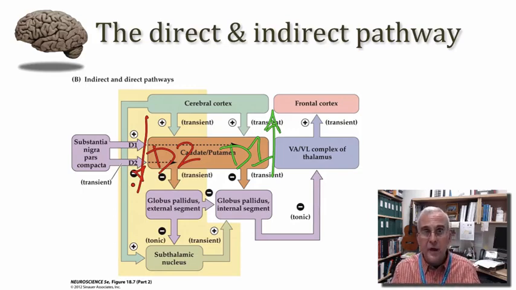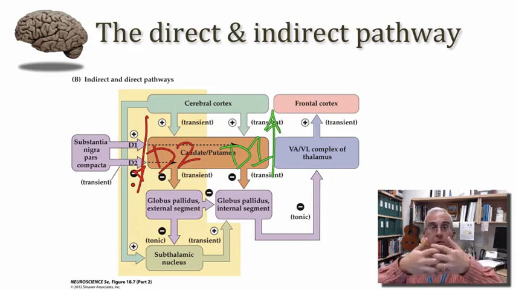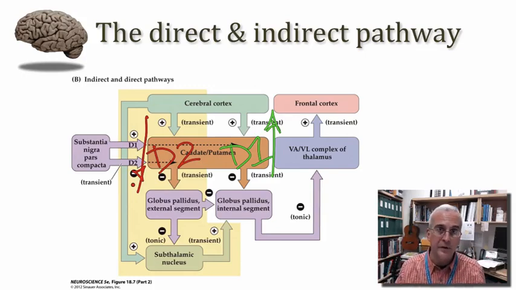When we suppress the activity of the indirect pathway, it synergizes with the activity of the direct pathway. So dopamine turns this tug of war between the direct and the indirect pathway into a synergistic function where both of these circuits are now working together.